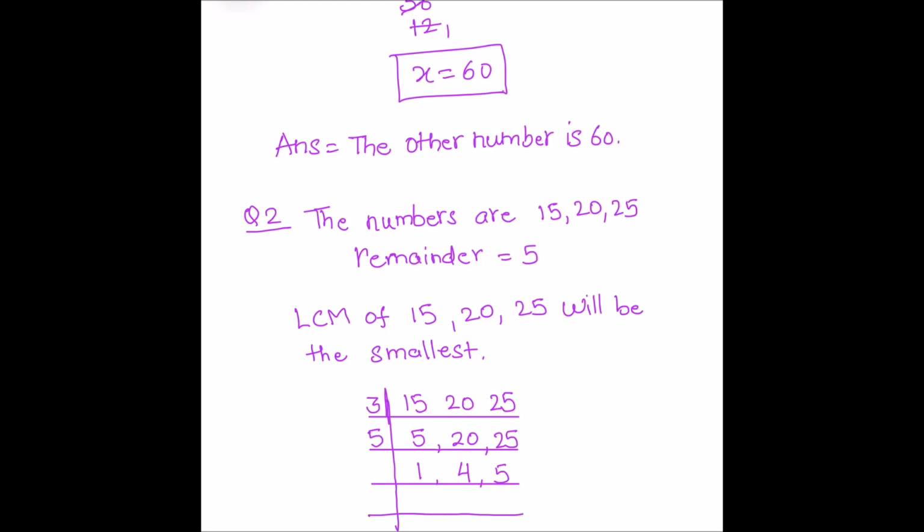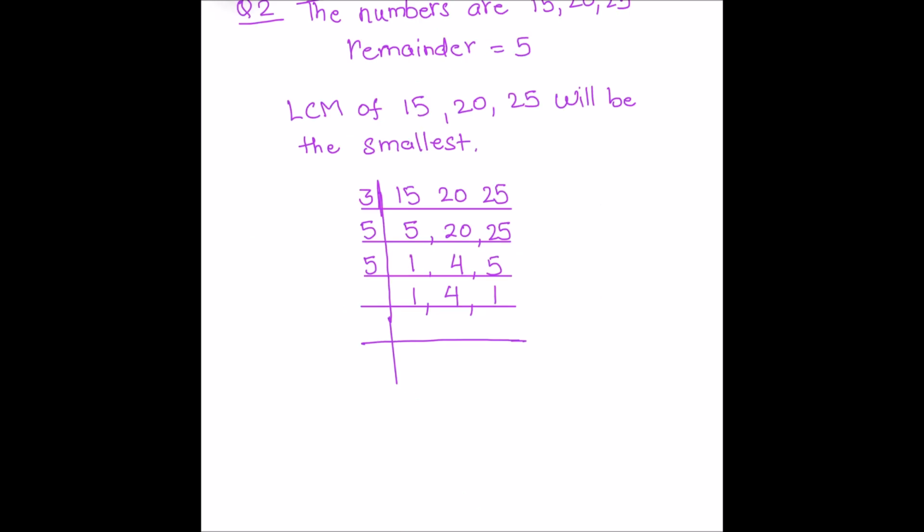Now we can use 5 to divide 5. This is fully divided. 4 will be as is and 5 times 1 is 5. Now we are going to use 2 to divide 4. 2 times 2 is 4 and then 2 times 1 is 2. So all the numbers are fully divided.